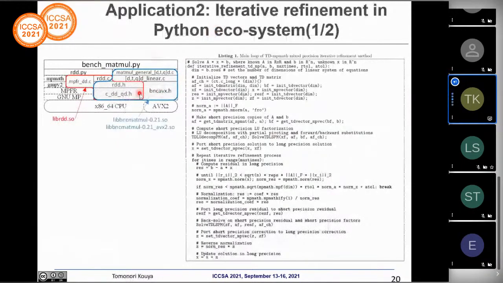On this LU decomposition, we can implement iterative refinement in the Python ecosystem. This listing is our implemented Python code to run the iterative refinement method combined with the mpmath library of Python.